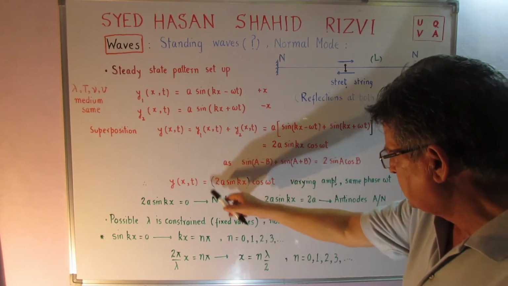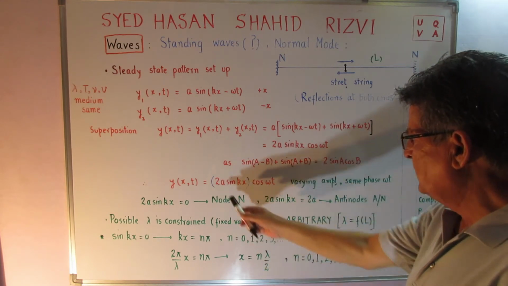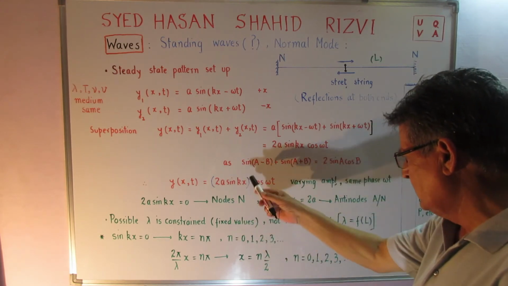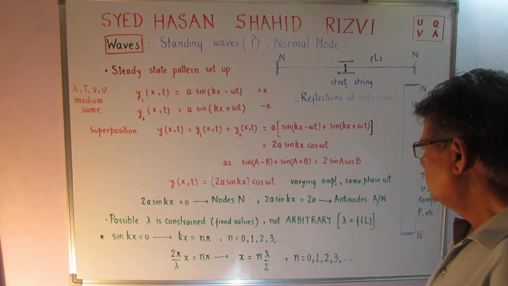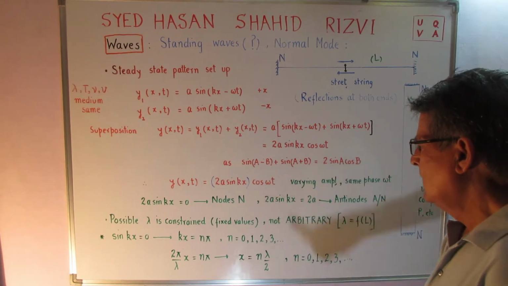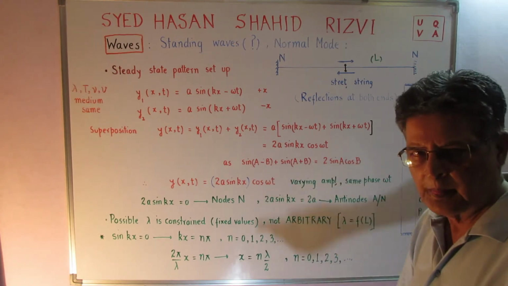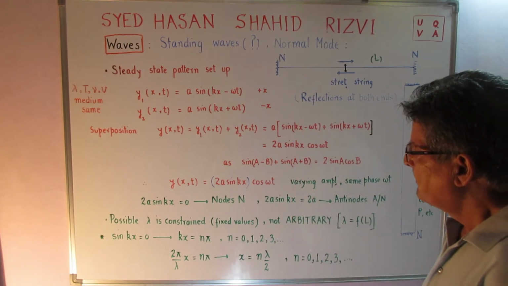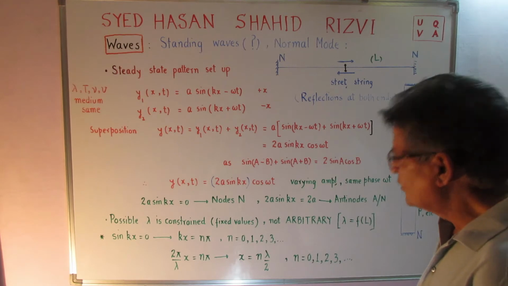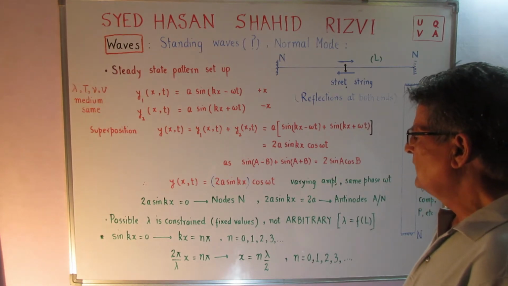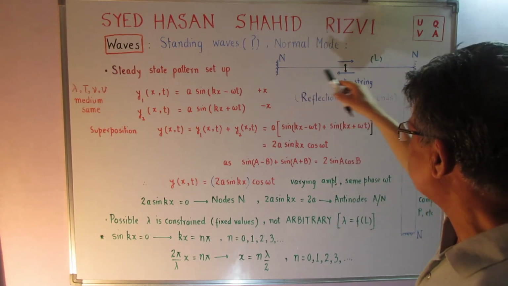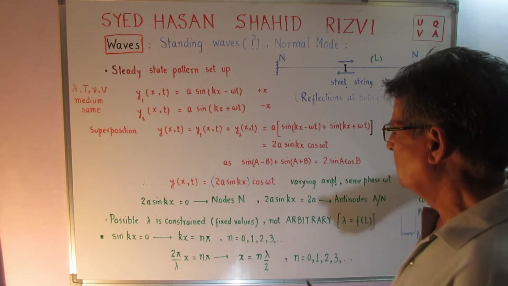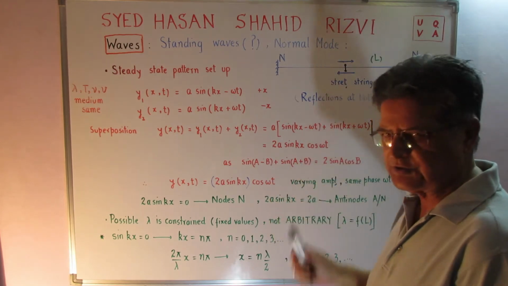I have taken this in bracket, which means the amplitude over here is varying as the value of x changes, but the phase cos of omega t defines that all particles or portions or small elements of this string are vibrating in the same phase.